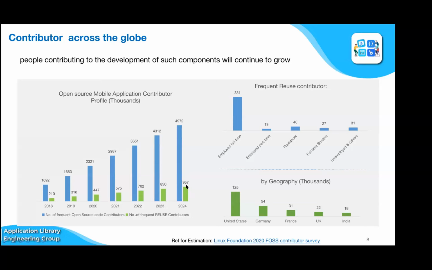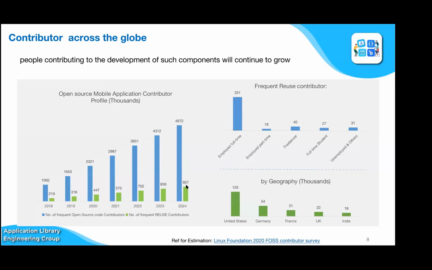Why I want to stress this is that even people who are developing their own application, their own solution to make people's lives better, are also spending a lot of effort creating these kinds of components so that these can be used by them or by other people.